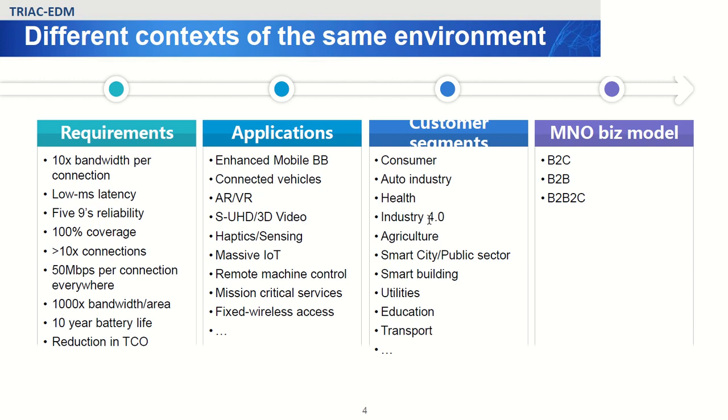Even nowadays in the factory, you can imagine a lot of devices, right? Machines working in the industry, but once they are connected, they automate themselves. And agriculture, smart city, public sector, smart building, utilities, education, and transport, and B2C, B2B, and B2B2C business models.